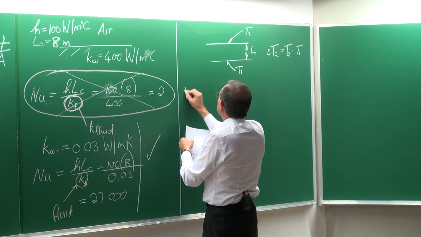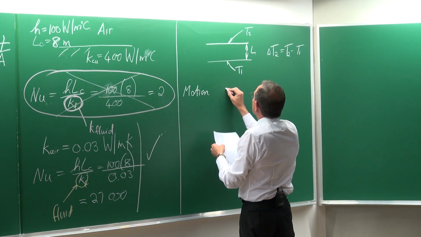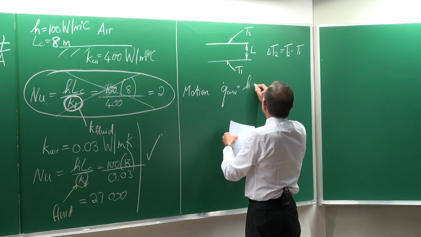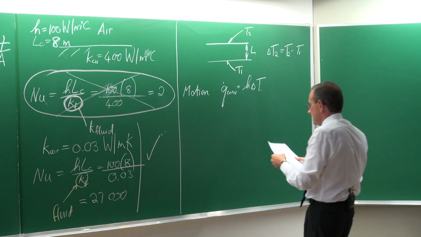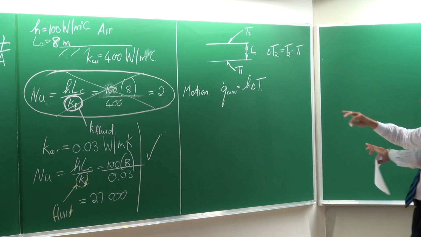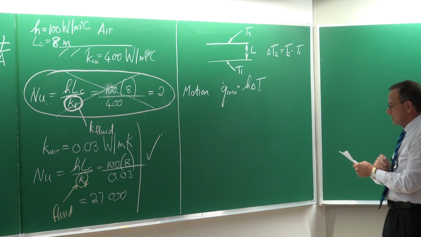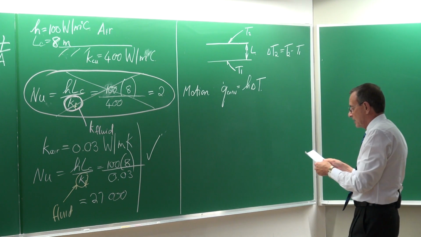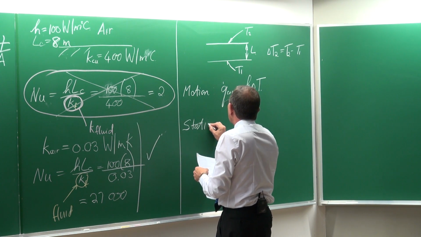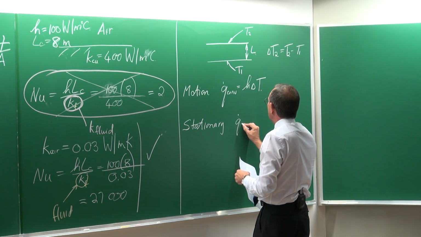Okay, now, if the flow is in motion, then the convection heat transfer is equal to the heat transfer coefficient multiplied by delta T. So if those fluid layers are moving, then the convection heat transfer is equal to the heat transfer coefficient multiplied by delta T. If the fluid is stationary, then the heat transfer will be by conduction.